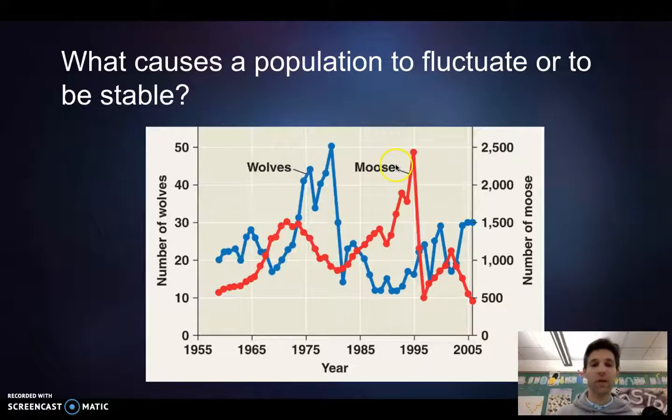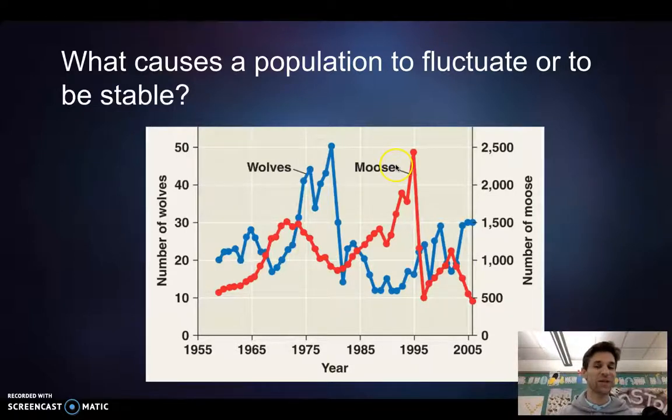We call that the shadow effect in population biology, where the predator won't increase right along with the prey. It takes a year or 2 or 3 for the predator to follow the same pattern. So you see the increase in the prey first, then the increase in the predator, then the decrease in the prey again, and then secondarily the decrease in the predator.